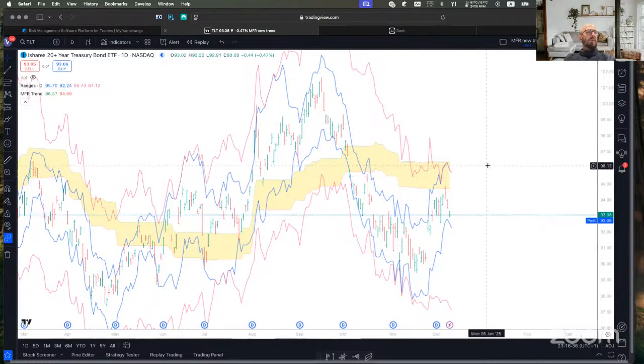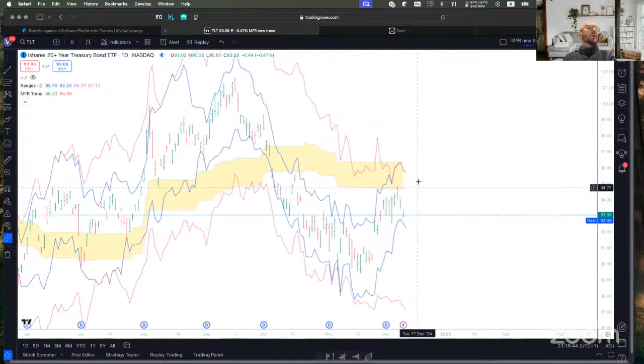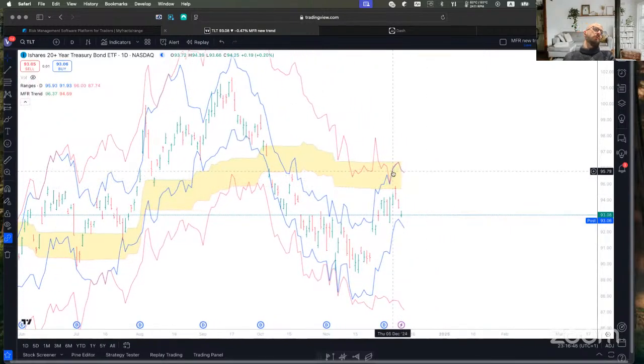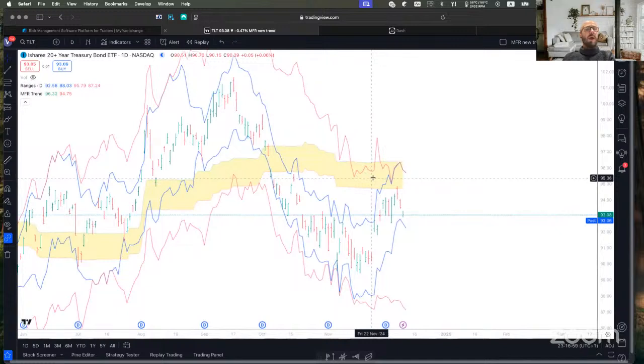So there is this area, in my case it's yellow. Of course, you can change it, but there is this area where, for me, it's indecision. It means that the market is neutral, and we need some more clarity to have a bias, whether it's bullish or bearish. And it's totally based on volatility, which is coming from different metrics.